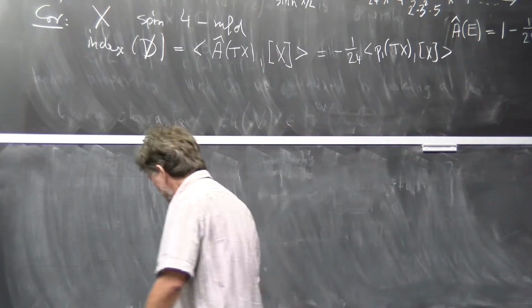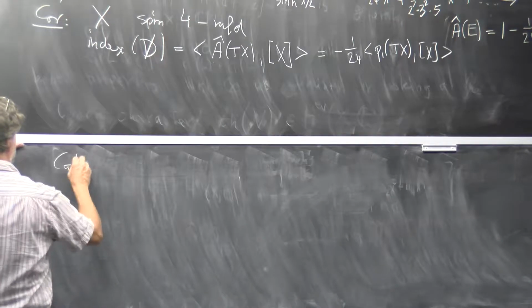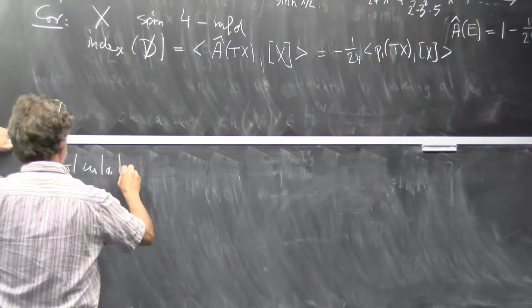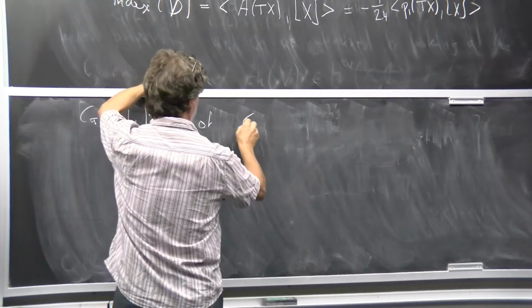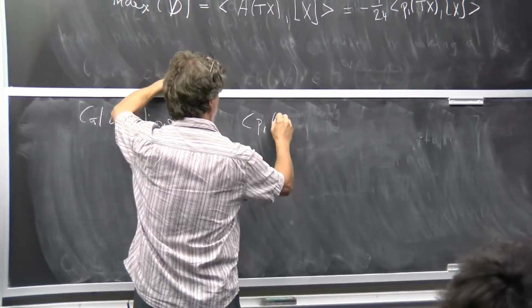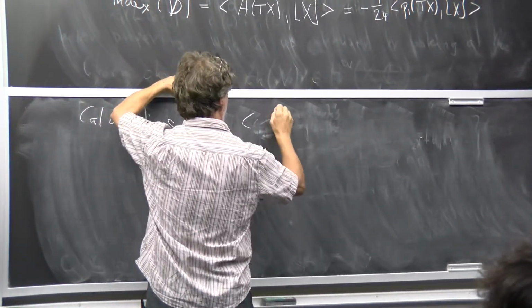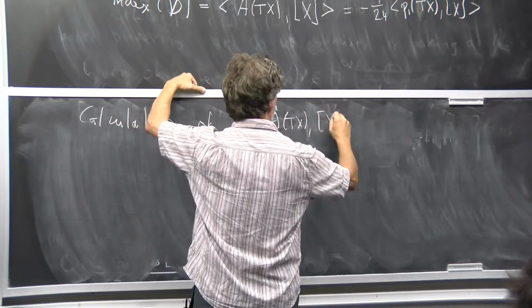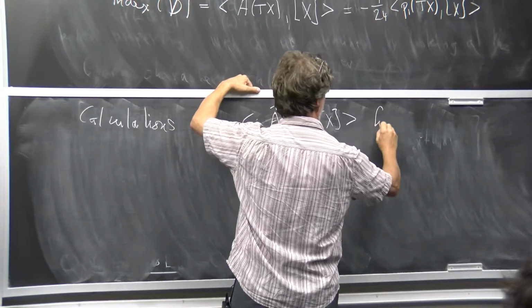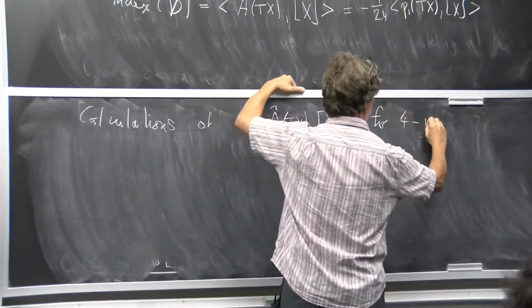So some calculations of the first Pontryagin class of, let's write it like this, for 4-manifolds.